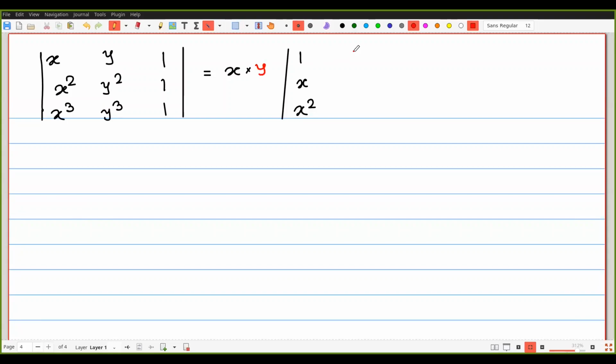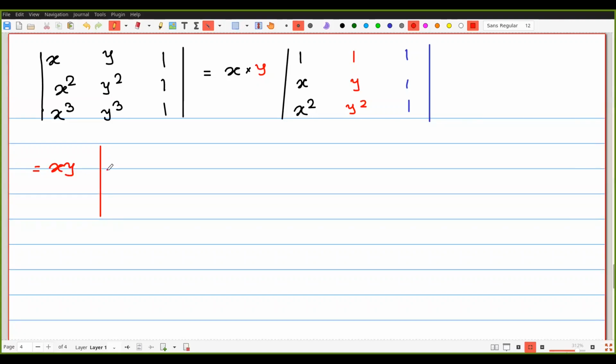So we may take y common, leaving 1, y, y square. And finally, we have 1, 1, 1, the third column. So we have taken these common, and we write x, y outside.